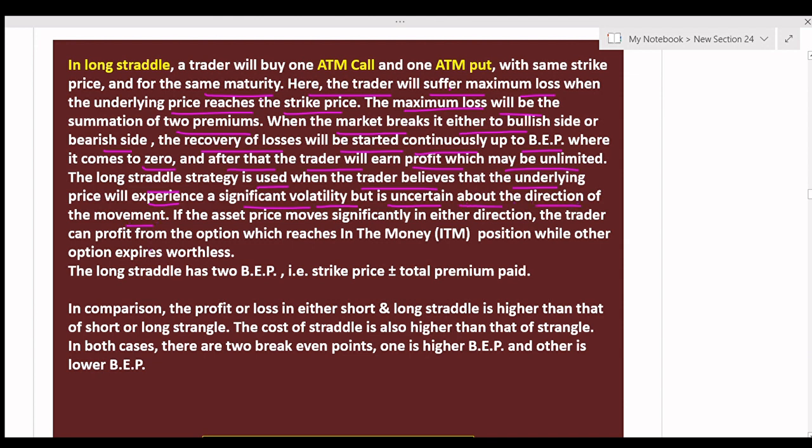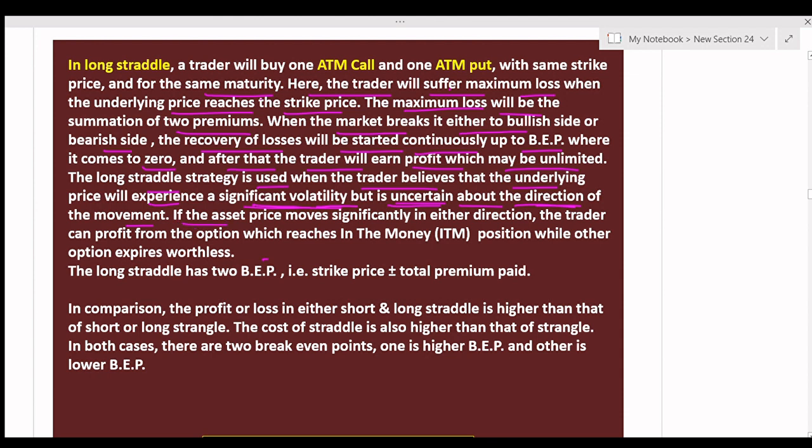But in the short straddle, the trader believes that the market is certain, not uncertain, and volatility is low, so he exercises the straddle. But the long straddle strategy is used when the trader believes that the underlying price will experience significant volatility but is uncertain about the direction of the movement.